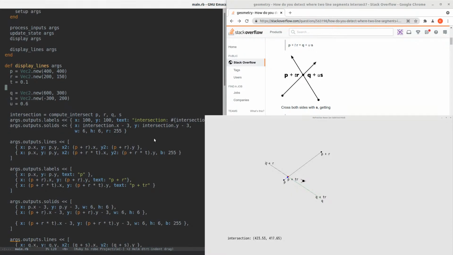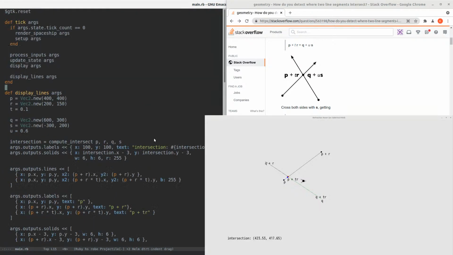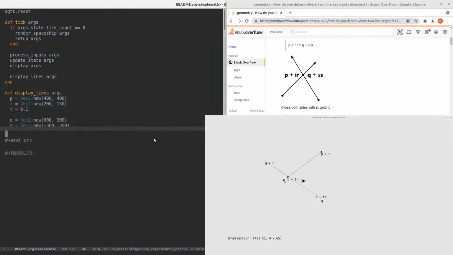Let's do that. Okay, so now we've made this display lines function. I'm just going to drop this into our org mode here, just for begin source, Ruby. Something's missing here. Oh, maybe I just need an end source.